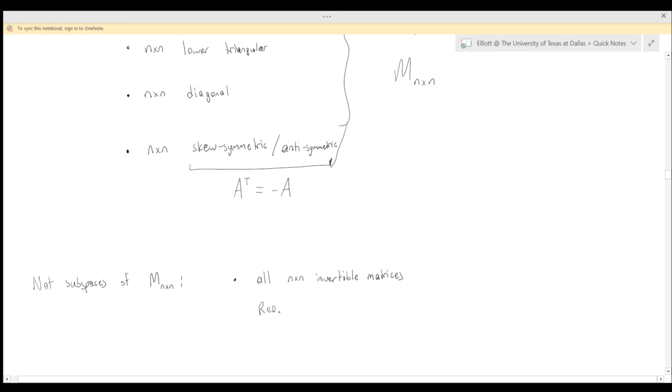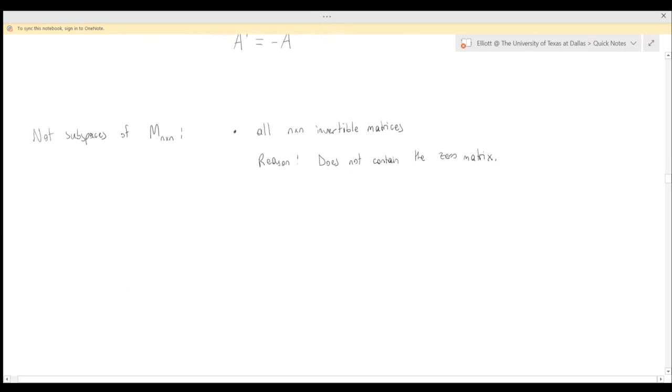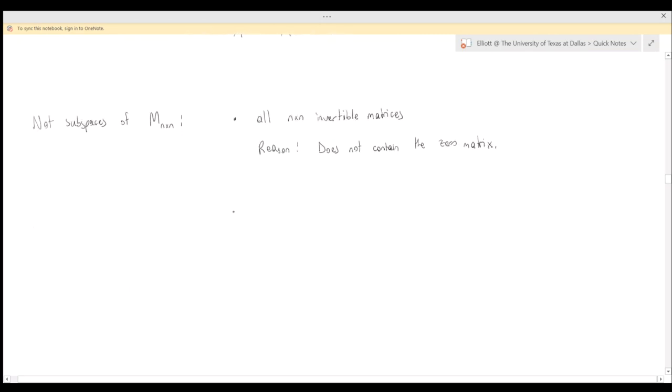The simplest reason why it's not a subspace is that it would not contain the zero vector, the zero vector being the n by n zero matrix, okay? Likewise, because the zero matrix is not invertible, so that's why.